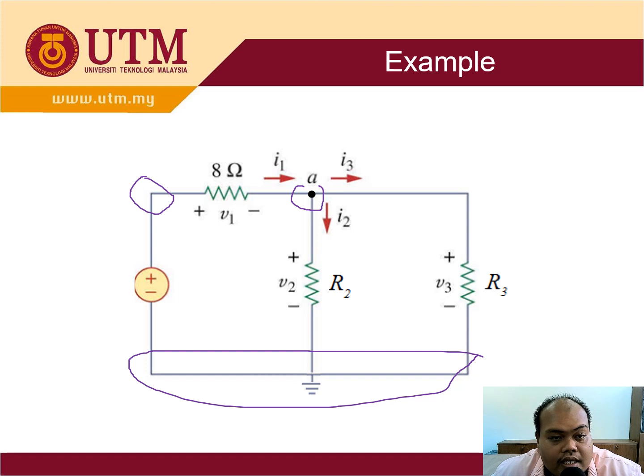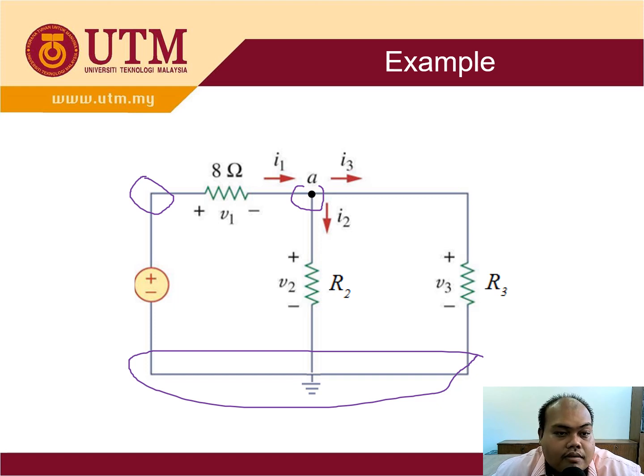So there are 3 nodes available here. This one is considered only one node because there is no other component. This one is also considered one node because there is no other component. So there are 3 nodes available.